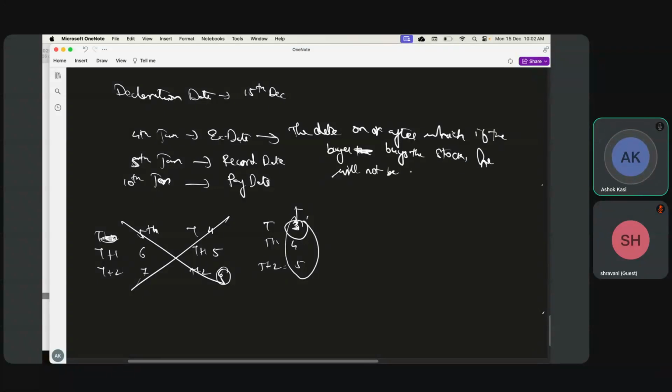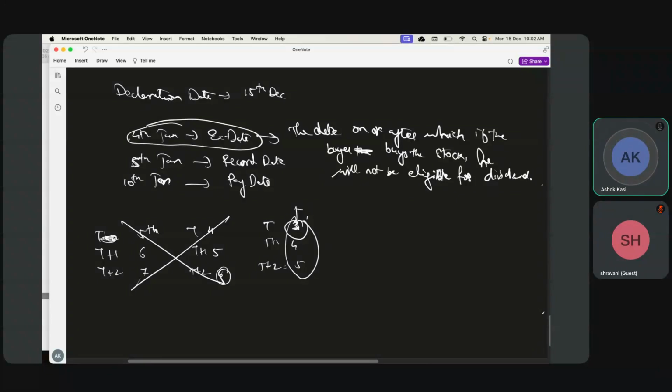So 4th or after 4th is not eligible for dividend. Any date before 4th is eligible for dividend.